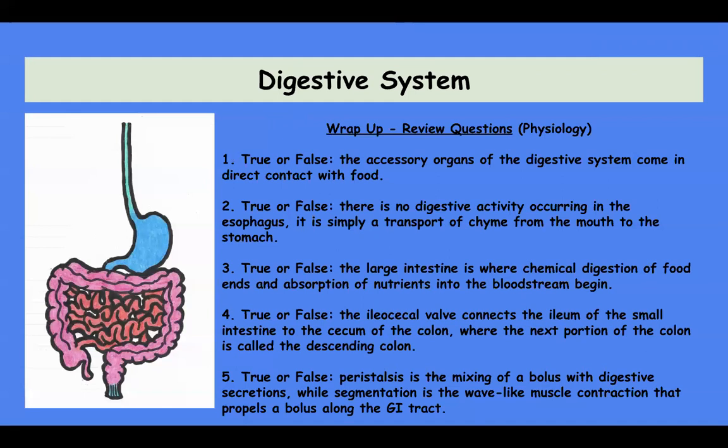For 1 through 5, after reading the statement, do you think the statement is true or false? Feel free to unmute or put it in the chat. 1 through 5, is it true or is it false?